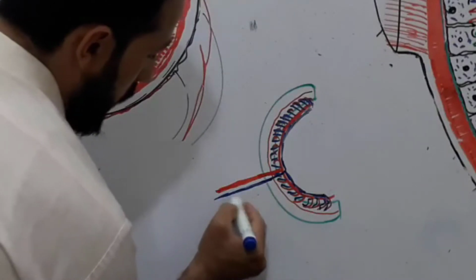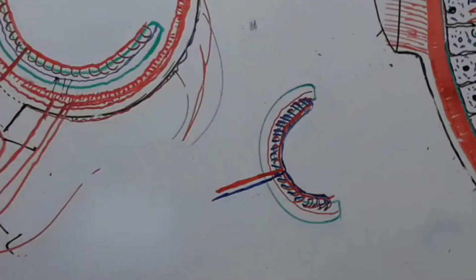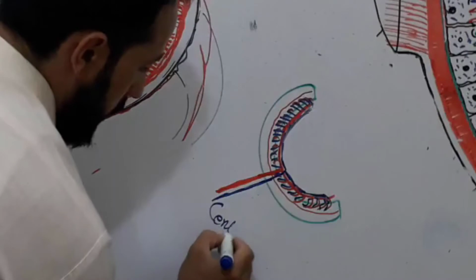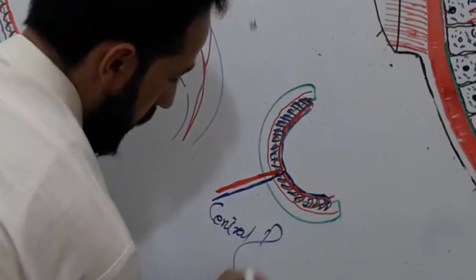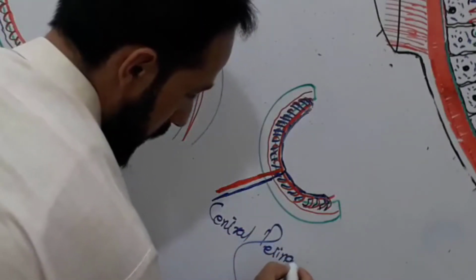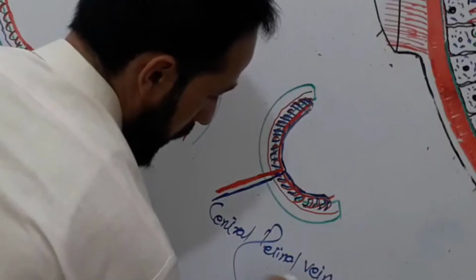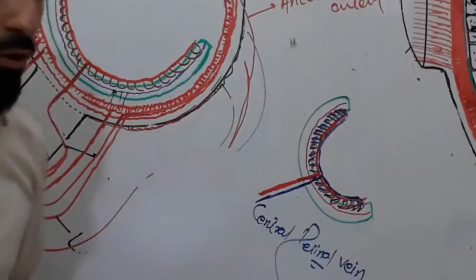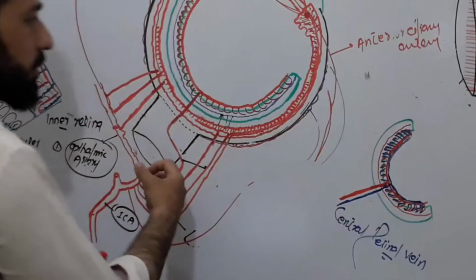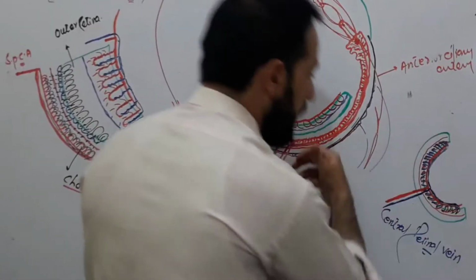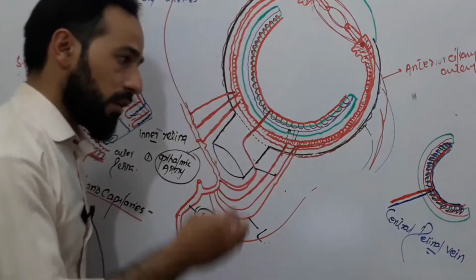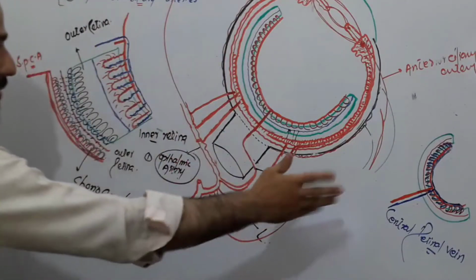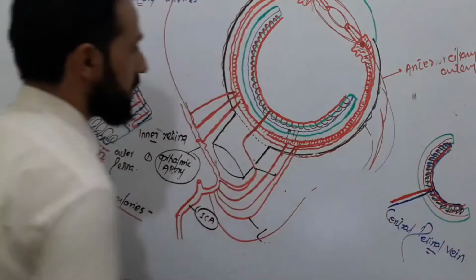So this is called the central retinal vein. The central retinal vein is majorly responsible for draining the deoxygenated blood from the inner parts of the retina. If you watch the previous lecture, you will be clear here. So this is the central retinal vein.